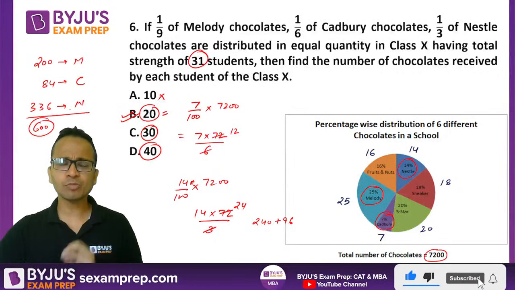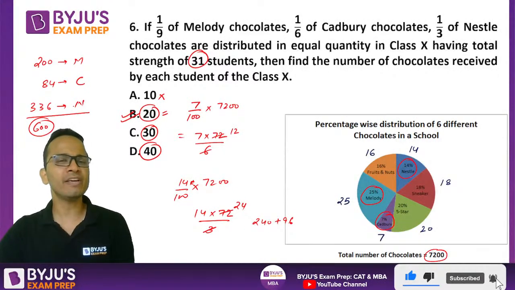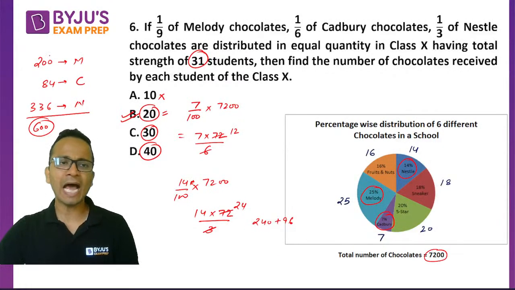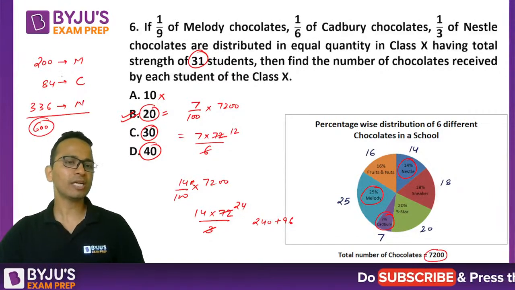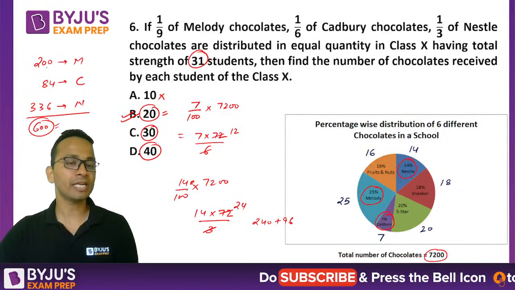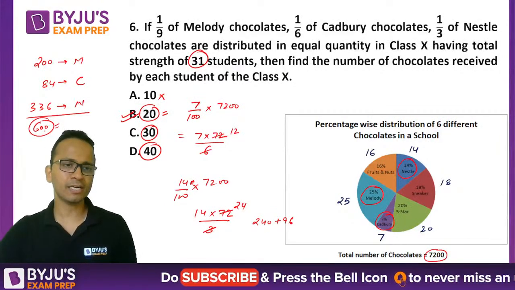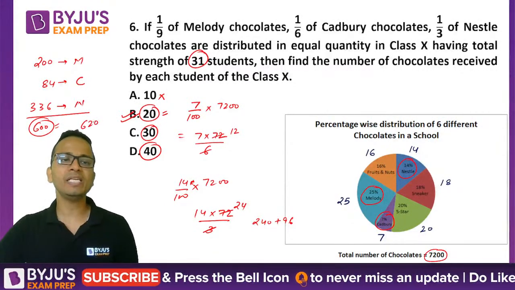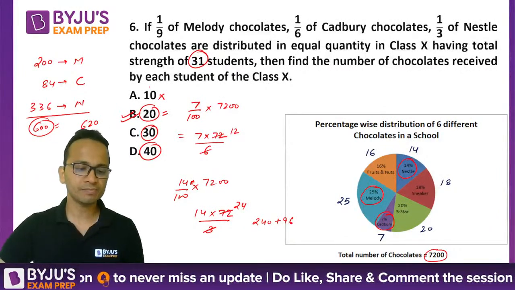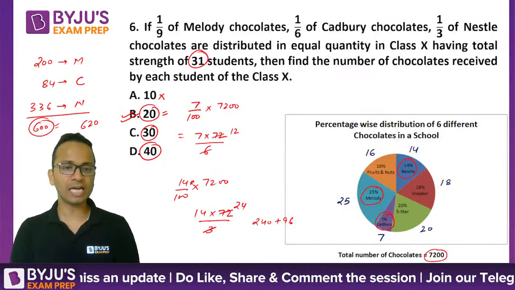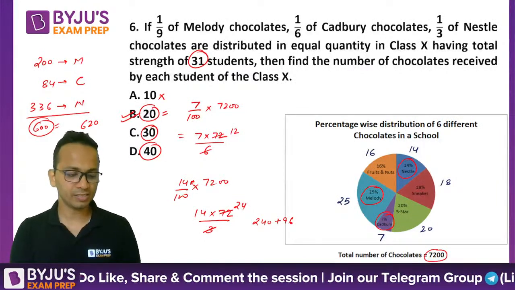In the last part of the calculations, I tried to save 5 to 6 seconds in adding these numbers. I said approximately the sum will be around 600. Precisely, 620 is the sum. Dividing 620 by 31, the value will be 20. All right, so the answer will be 20.